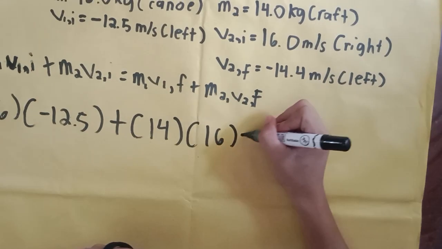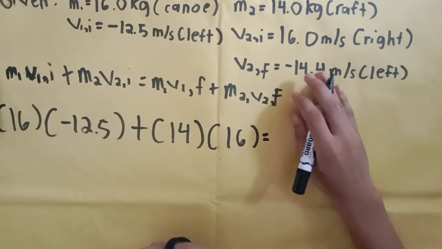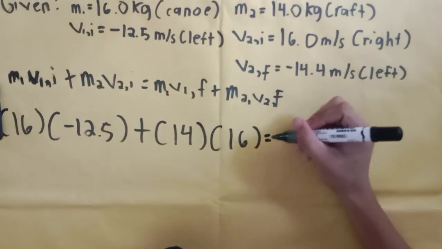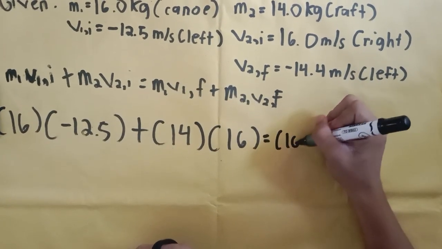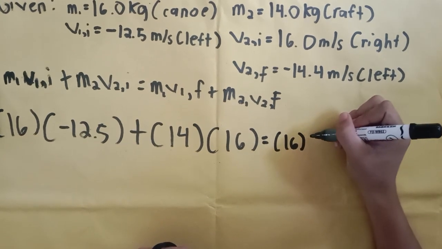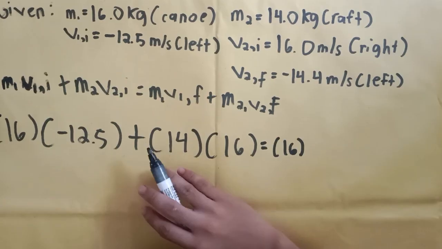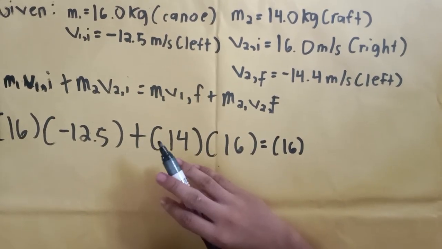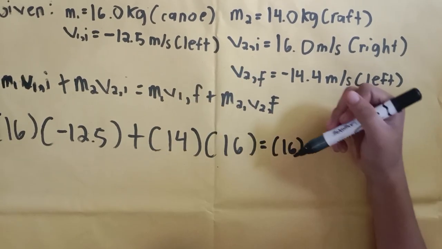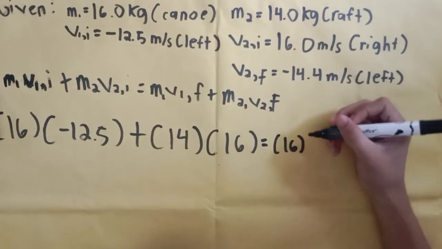So it's equal to our m1 again, 16, times v1f, since the final velocity of the canoe is unknown, so let's just copy it.